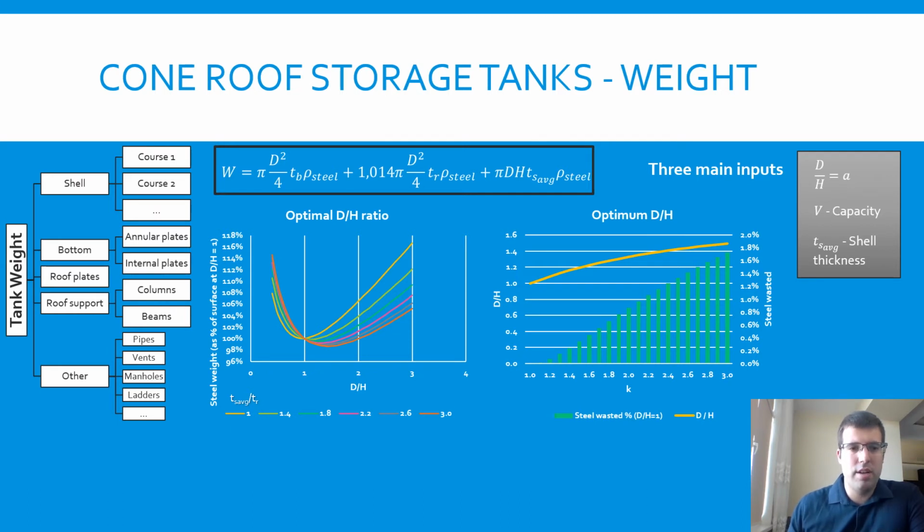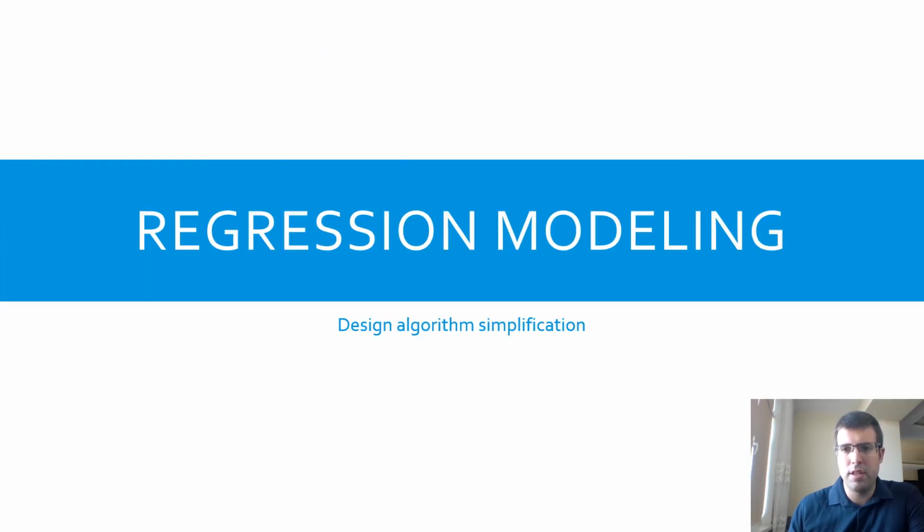Shell, on the other hand, is very much affected by different design parameters as specified in the basis of design. Roof support such as columns and beams and other appurtenances like pipes, vents, manholes, comprise from 10 to 20% of the total weight, and in this paper they are considered by an empirical function rather than designing them for each tank separately.